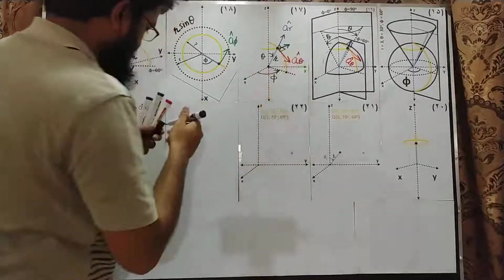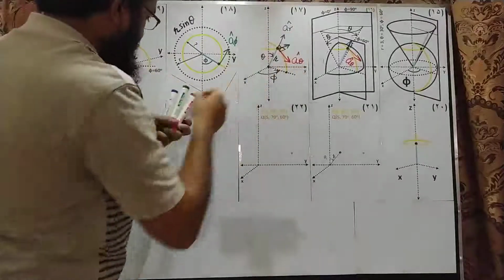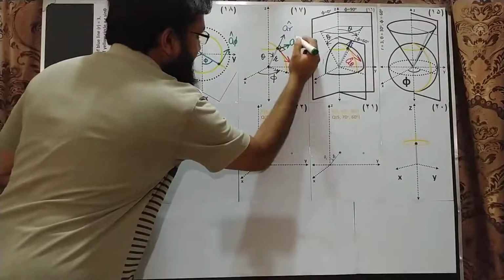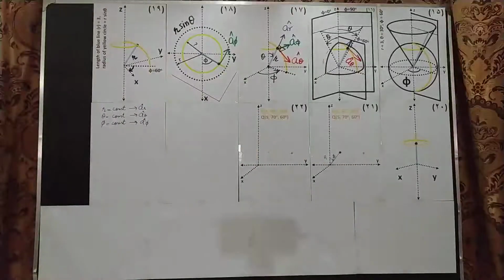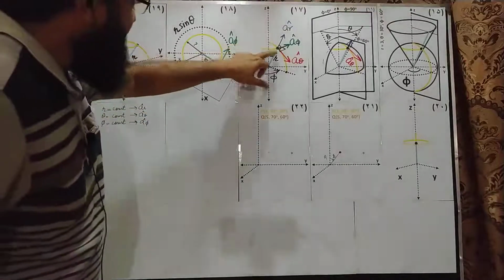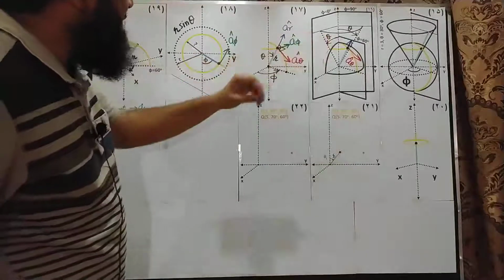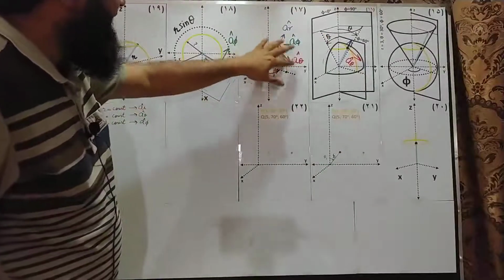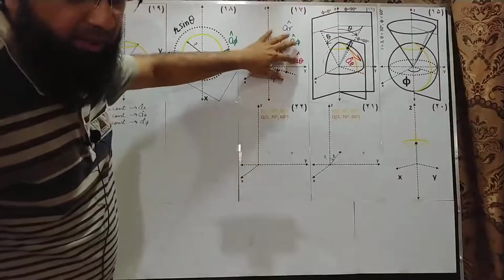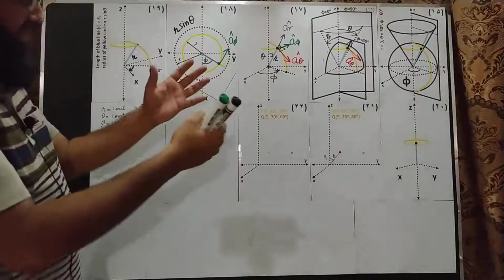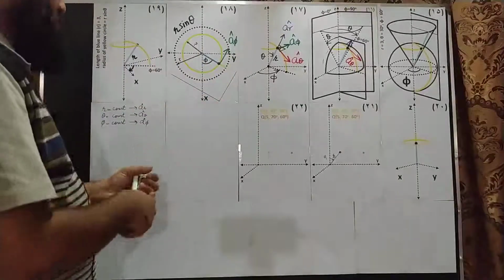It means that AR and A phi are also orthogonal to each other, meaning 90 degrees. So at the point of intersection, all the three fundamental surfaces are perpendicular to each other because their associated primitive vectors are perpendicular to each other.